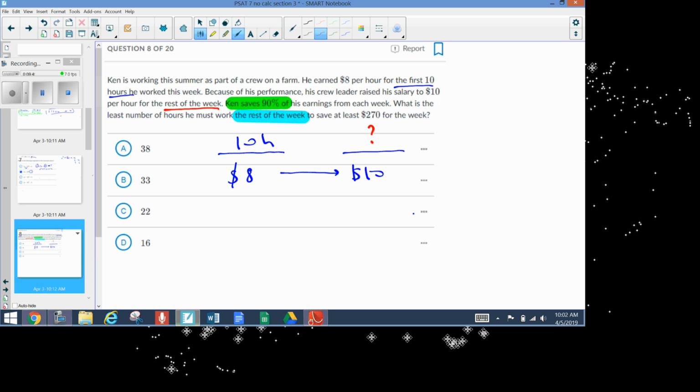Actually, he saves 90%. He spends 10%. So that means our goal was supposed to get 270, but since he's spending 10%, my goal is supposed to be more because he's going to spend some. Okay, 270 is 90%, right? Can I say that? 90% of his money is equal to 270, but I'm supposed to know 100%.